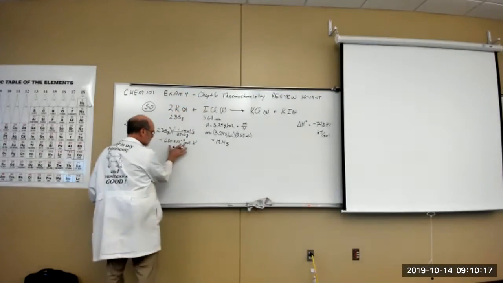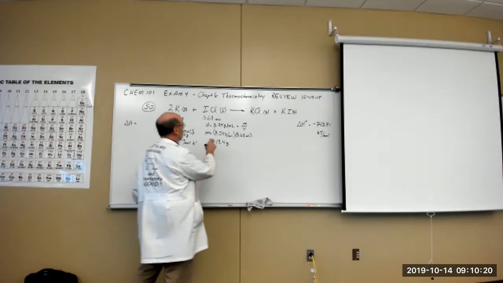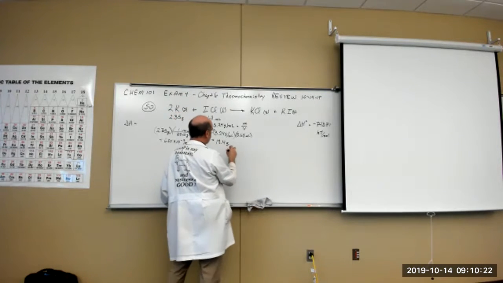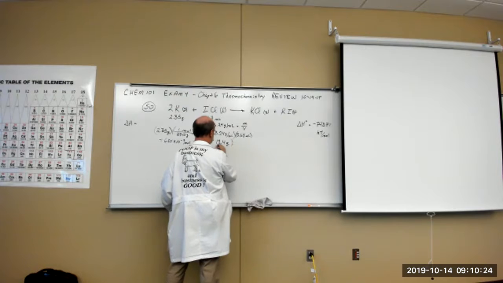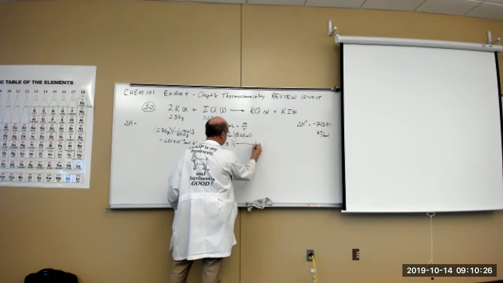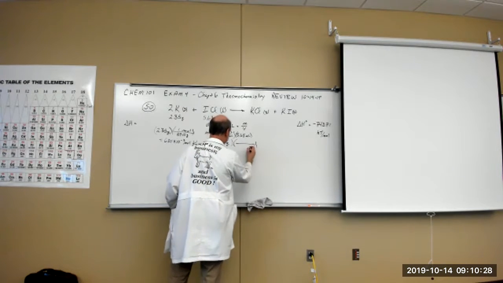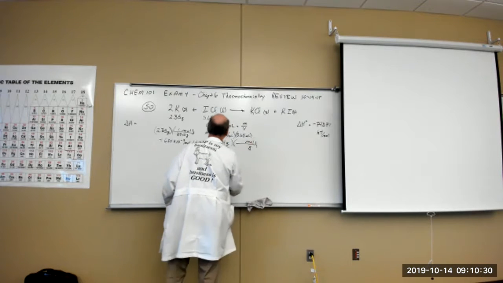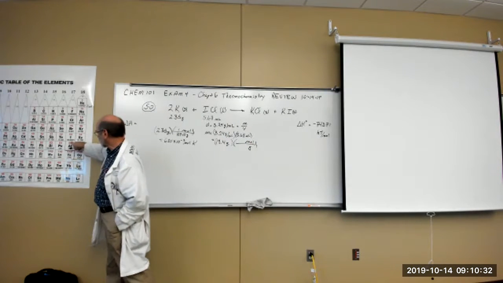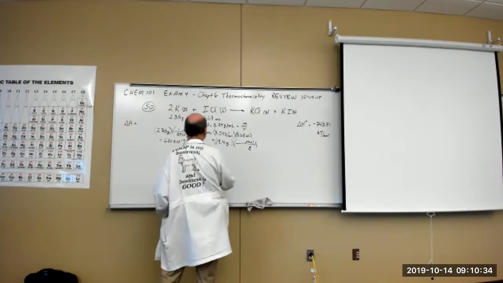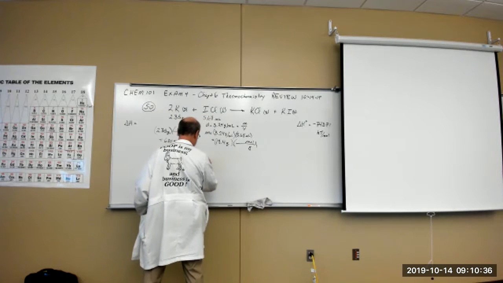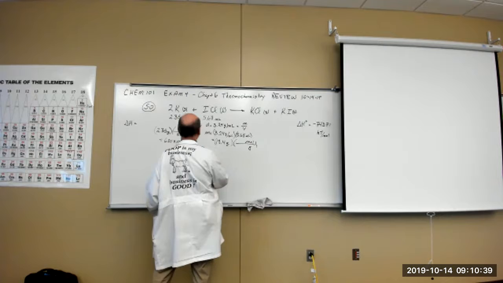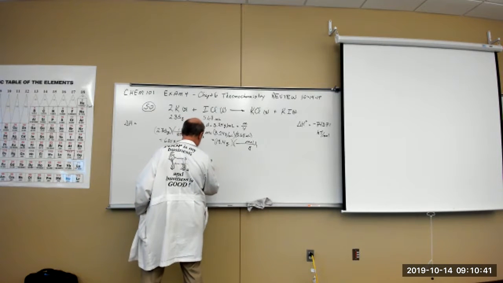Okay, so now we have this many moles of potassium. How many moles of iodine monochloride do we have? Well, we need a conversion factor. So iodine is 126.90, and chlorine is 35.45.